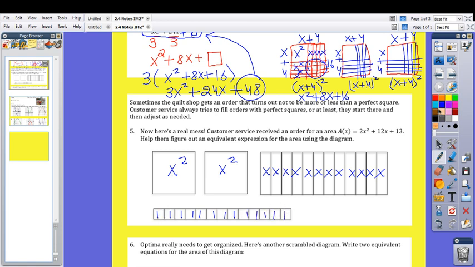So you have 1, 2, 3, 4, 5, 6, 7, 8, 9, 10, 11, 12, 13. So altogether you have 13 ones, 2 x squareds, and then you have 1, 2, 3, 4, 5, 6, 7, 8, 9, 10, 11, 12.